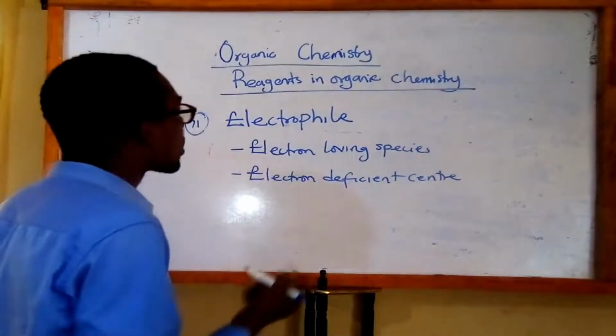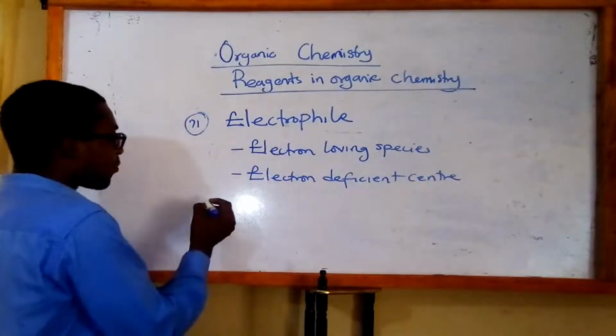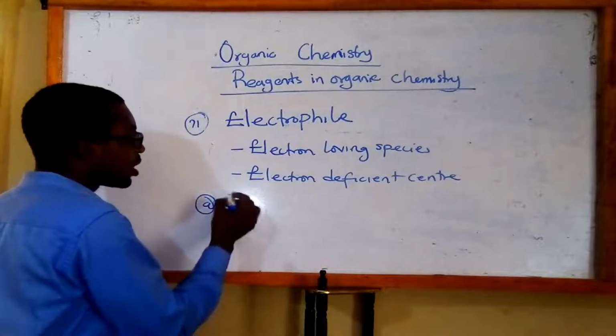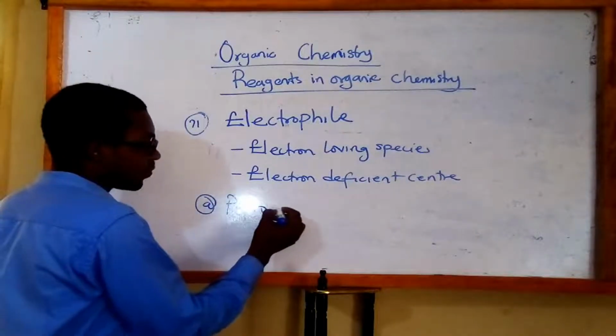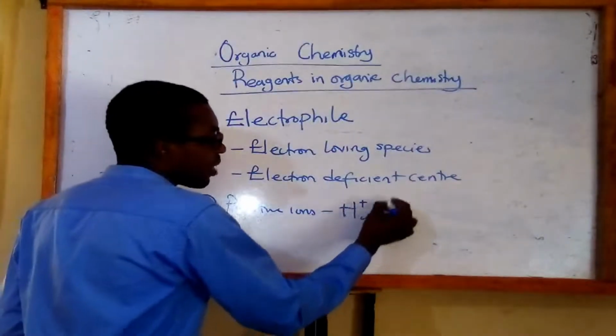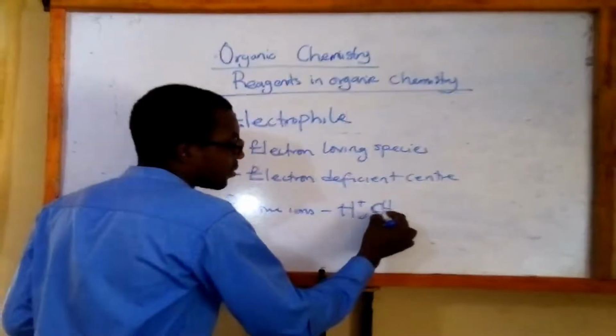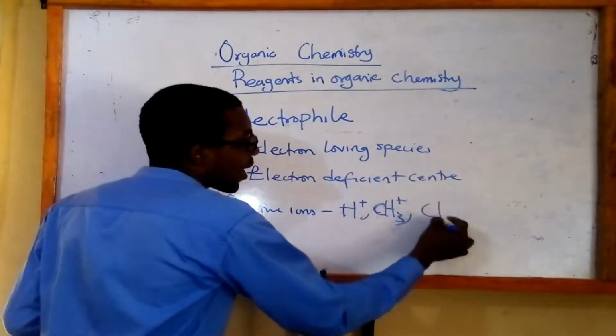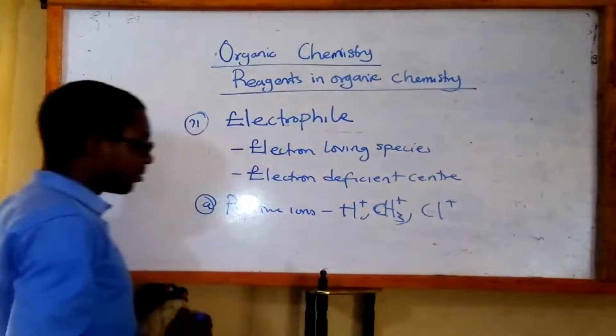Now the question is, what are the examples of electrophiles? The first example of electrophiles we have are positive ions, like the hydrogen ion, the methyl cation, and the chloride cation.